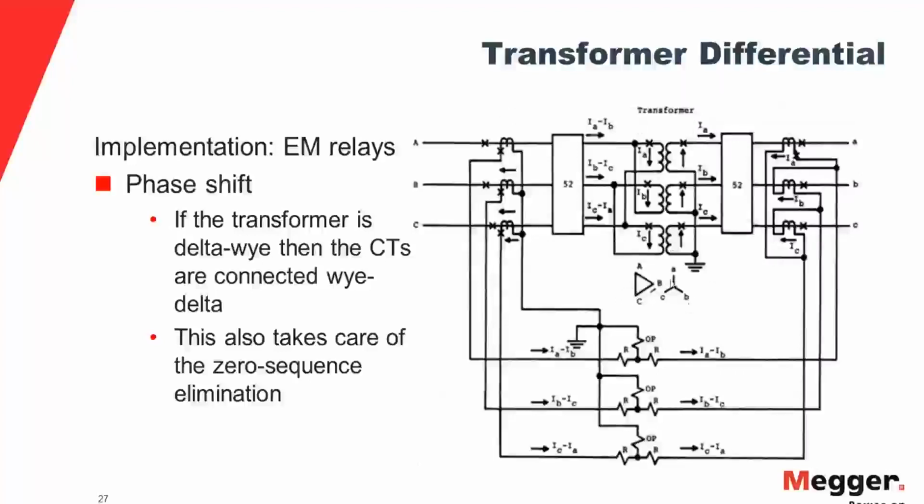So when you're calculating the CT ratio, this will be the equation that you can use for this particular example. So you have to select the appropriate CT taps on the primary side and the secondary side based on the transformer ratio and also the type of transformer connection.